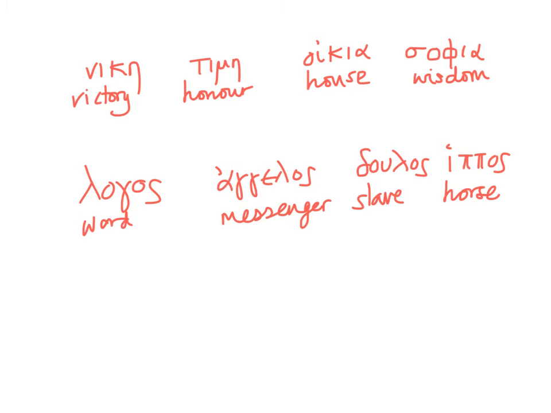We saw in the last lesson how nouns in Greek are accompanied by a definite article. That's a word meaning the. Now, if you're familiar with Latin, you'll know one thing about Latin is it doesn't have a word for the. And so nouns appear without a definite article, and you have to work out for yourself from the sentence whether you should say the before it or not.